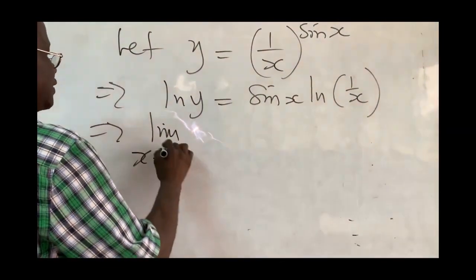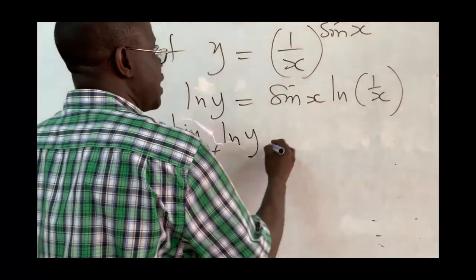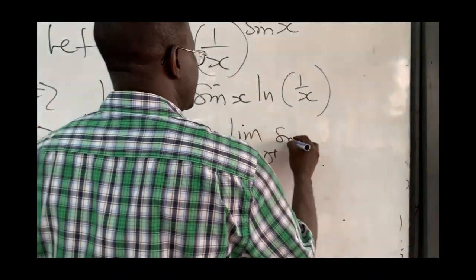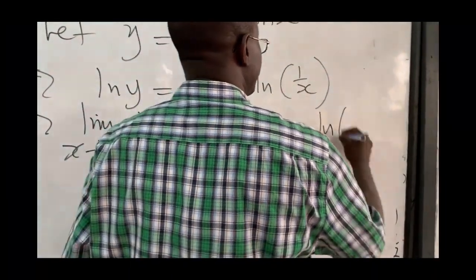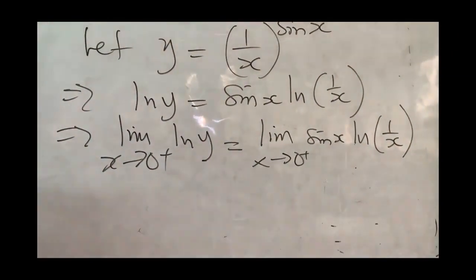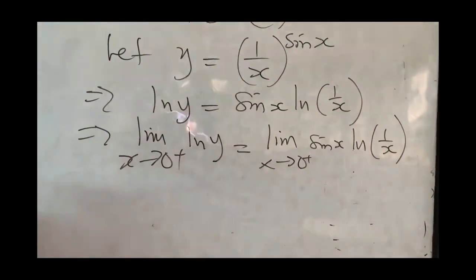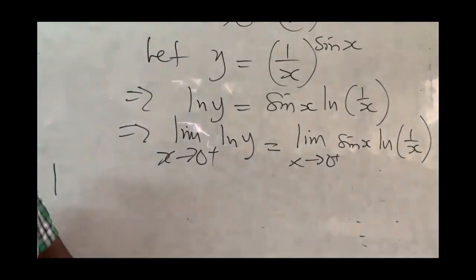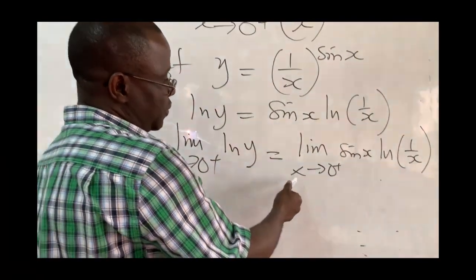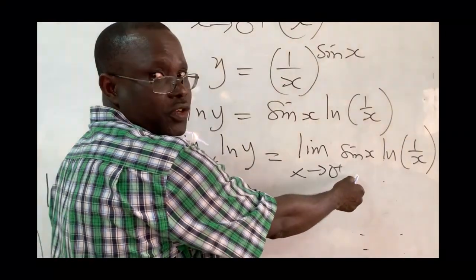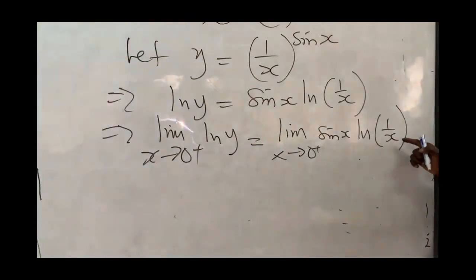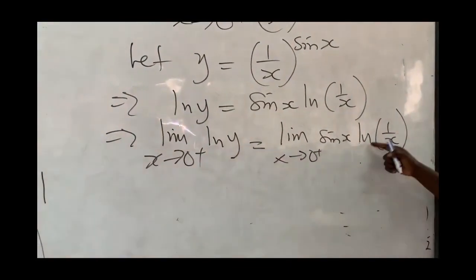So the limit as x goes to 0 plus of ln y is equal to the limit as x goes to 0 plus of sine x ln of 1 over x. Note that as x goes to 0, sine x goes to 0, and 1 over x goes to infinity, so ln is going to infinity.